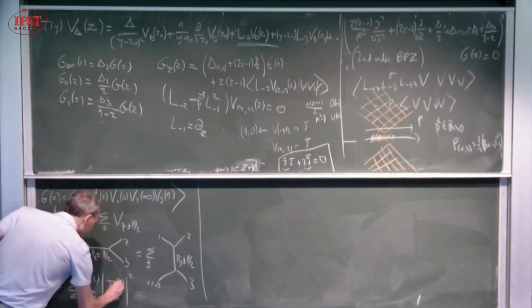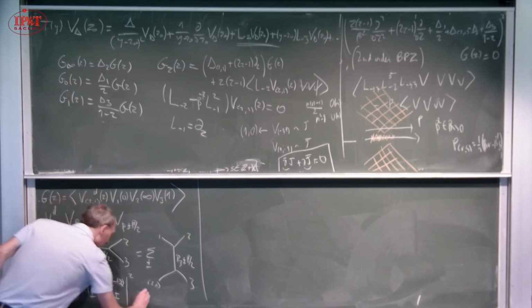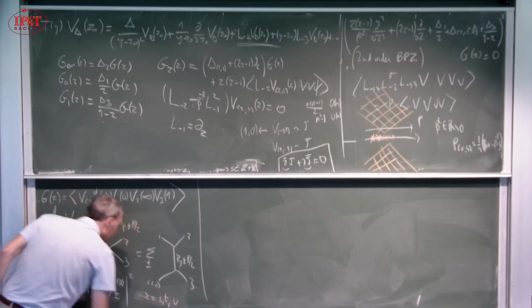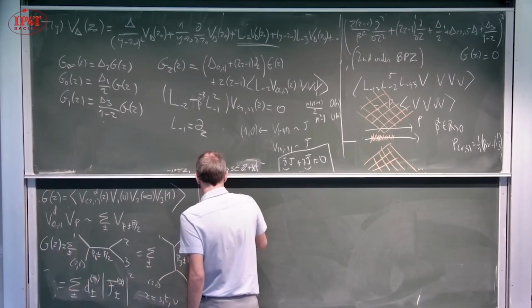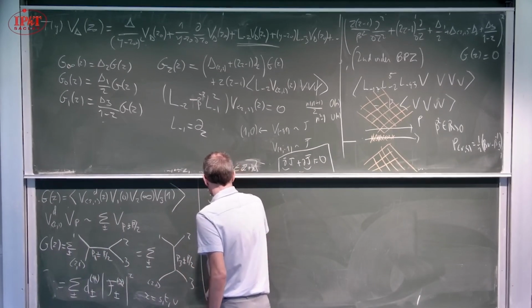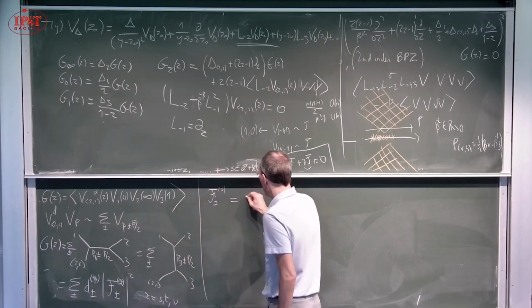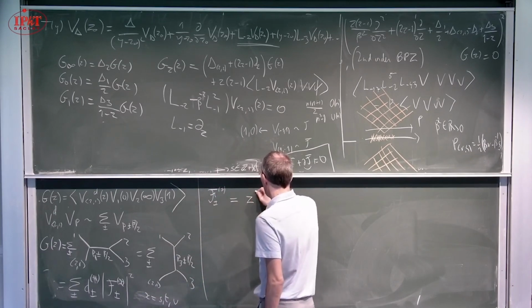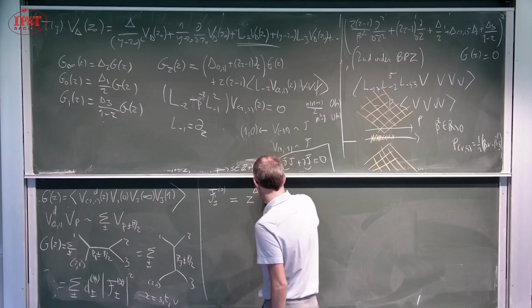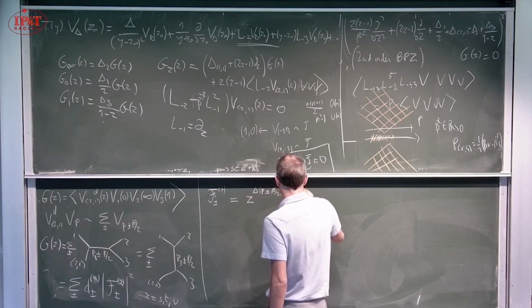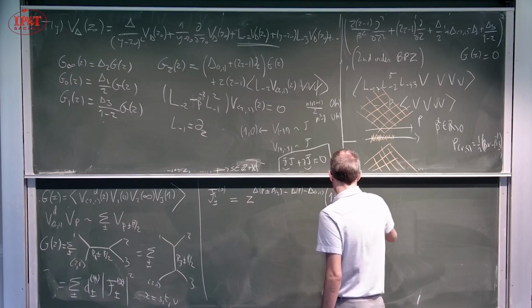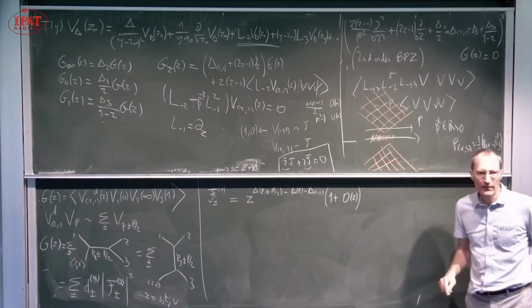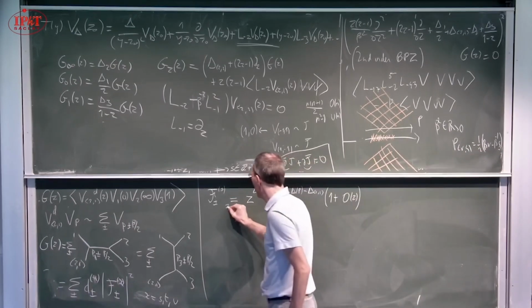So let's say it's valid in any channel X equals S, T, or U. An S-channel block is, by definition of a block, Z to the power delta of P plus or minus beta over 2, minus delta of P, minus delta of V_{2,1}, times 1 plus order Z, when Z goes to 0.